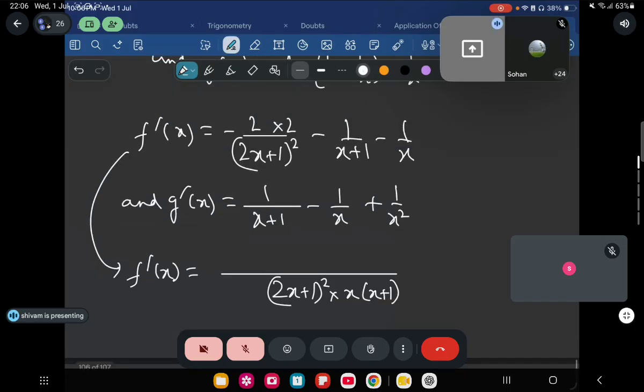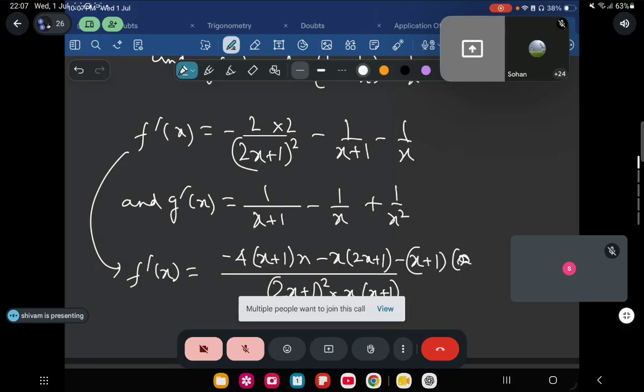And in the numerator, what are we getting? Wait a minute, all are negative, right? Minus 4 into x plus 1, minus x into 2x plus 1 whole square, minus x plus 1 into 2x plus 1 whole square. Are you getting?